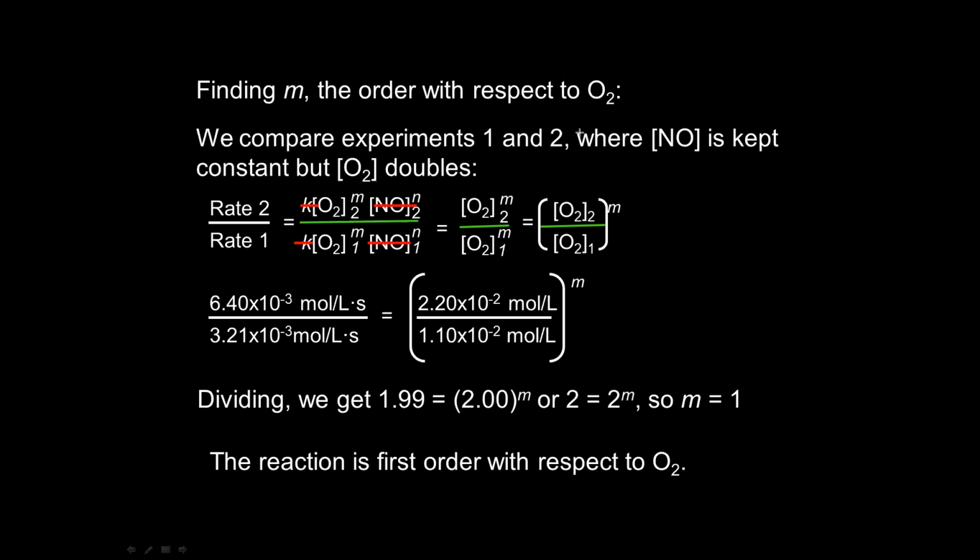So we could say m is 1 and the reaction is first order with respect to O2. And again, it looks like a lot, but you get to cancel out most of your rate loss. So all we're really doing is rate 2 divided by rate 1, and then looking at our oxygen levels to find our m value.